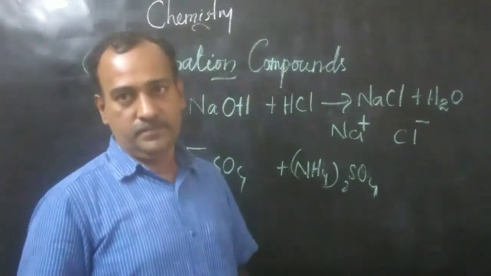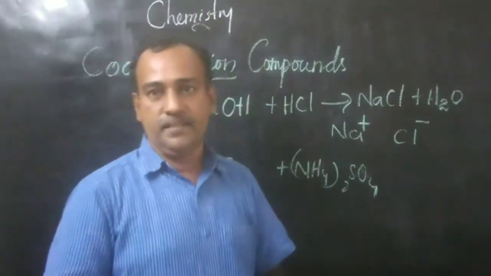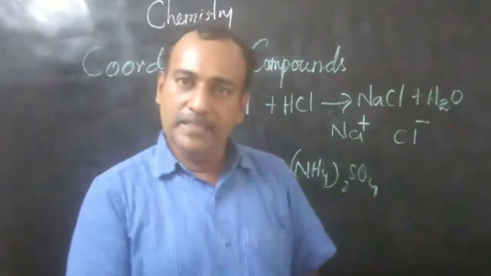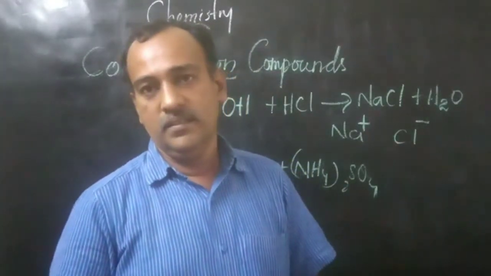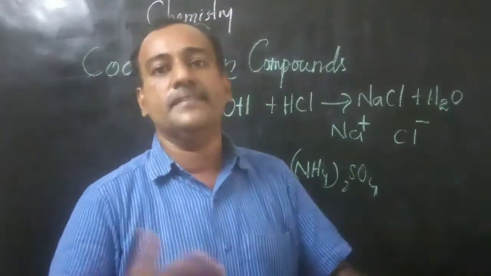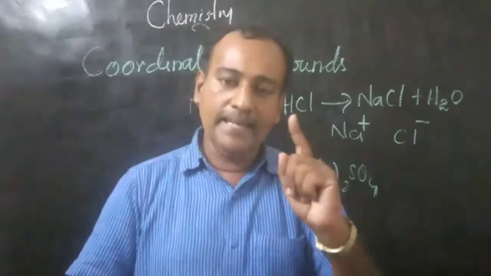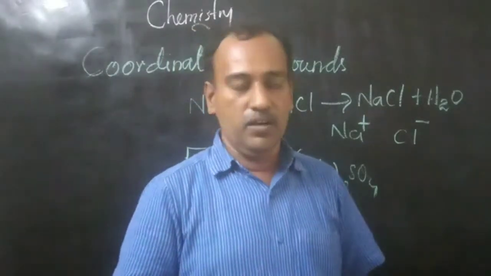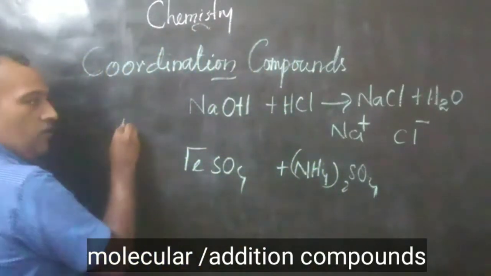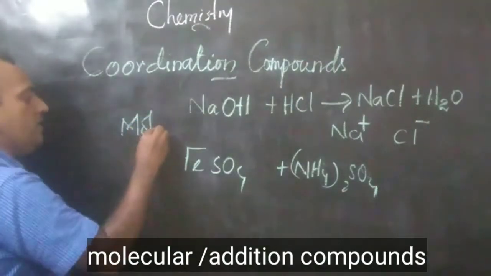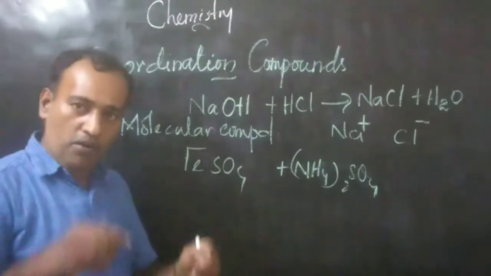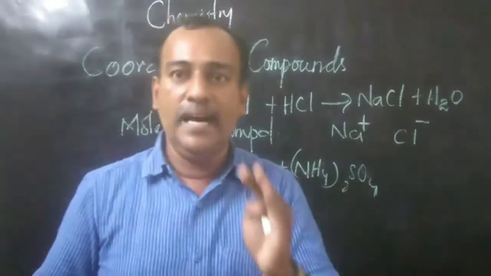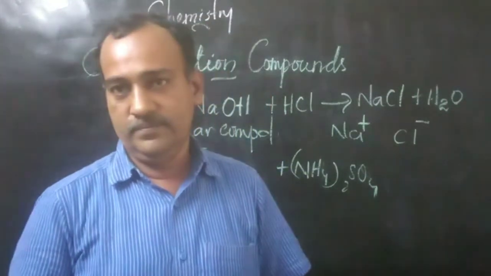Mix it thoroughly. After mixing, if you evaporate the resultant solution, you will get some residue at the bottom. That residue is called molecular compound. This molecular compound is otherwise called addition compound.